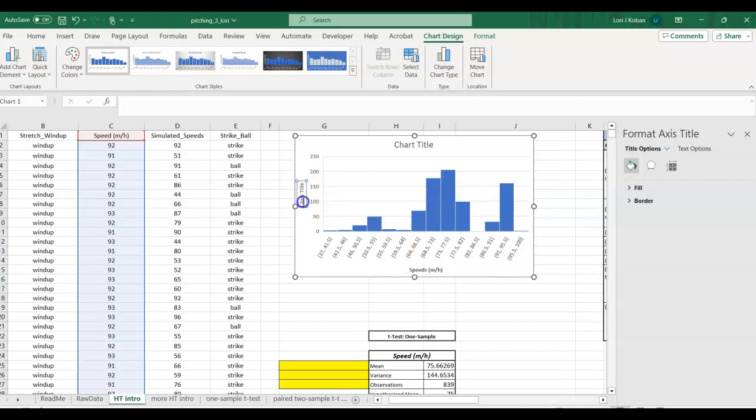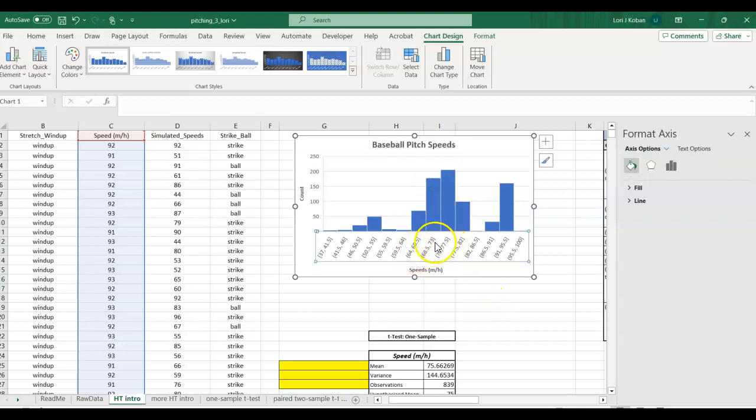This is talking about a count. I'm just bolding the chart title, which we will have as baseball pitch speeds.